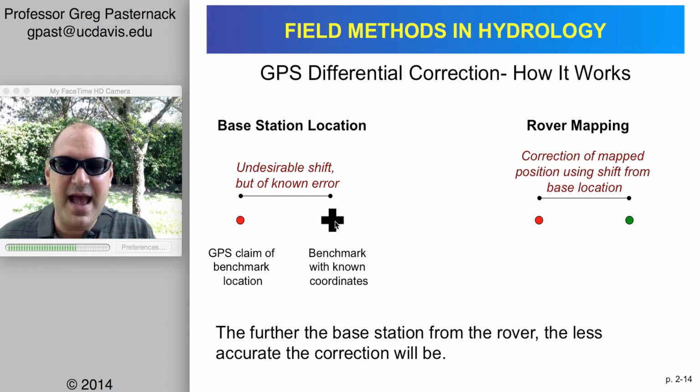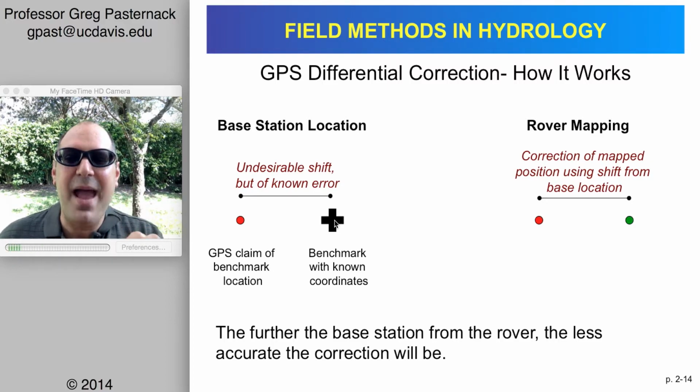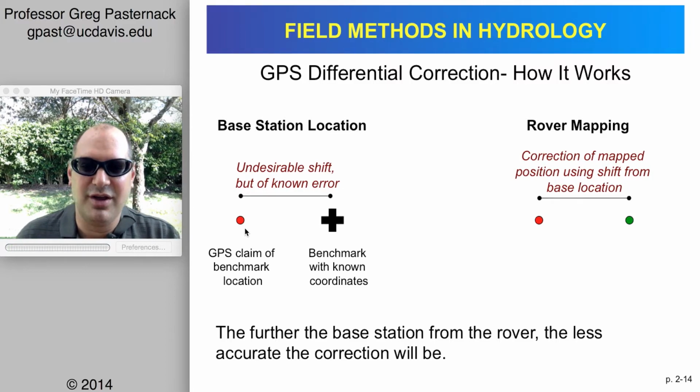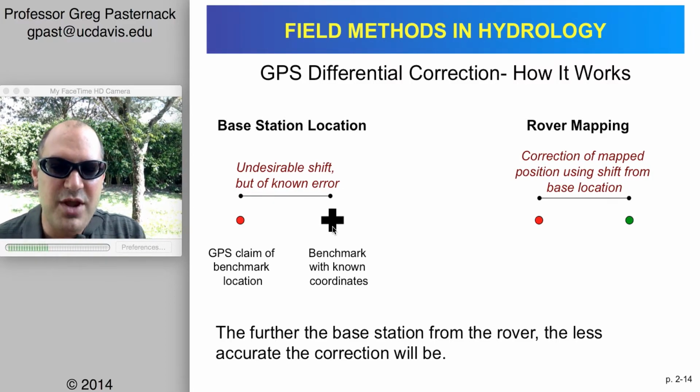Now we take our GPS and we put it on the point, but the coordinates we get back from the satellite are not there. It's over here. Well, we know that is wrong. We've put our instrument here, we know the coordinates here, but it's told us we're over here. This tells us the undesirable shift, but it's a known amount.